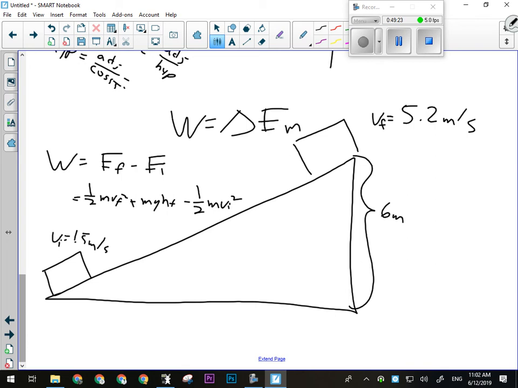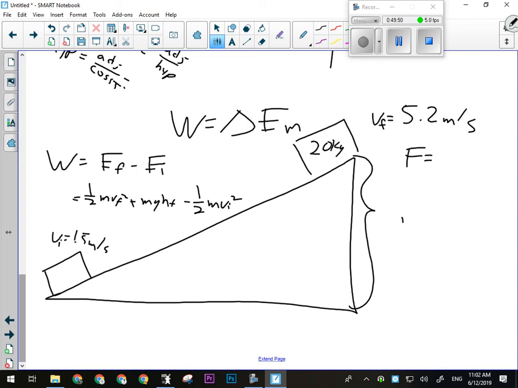So I wouldn't give you one that easy. I would probably make it more like this. I would say that a force of, oh, I would have to give you the mass too. I didn't give you the mass. Mass is 20 kilograms.